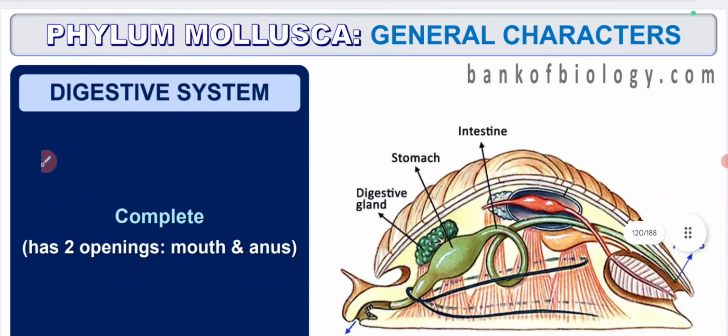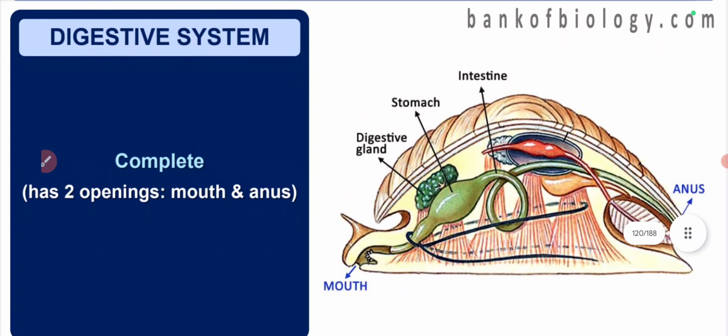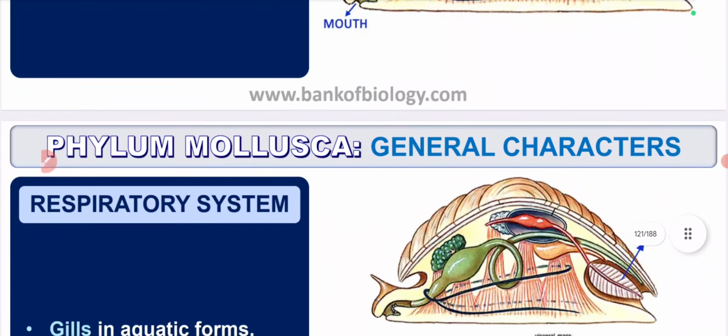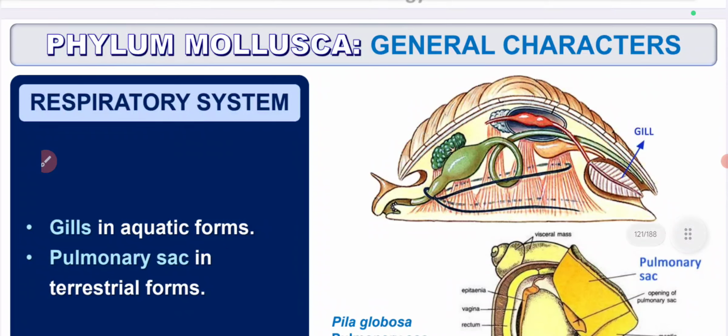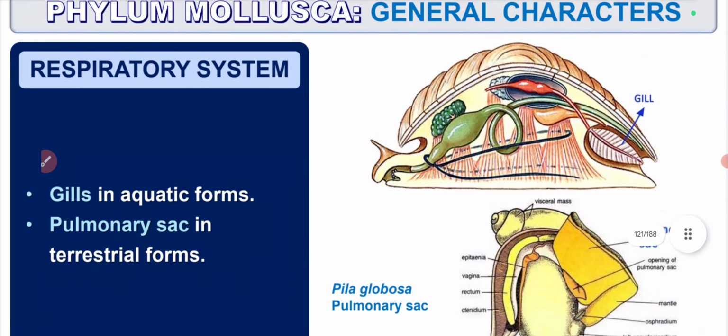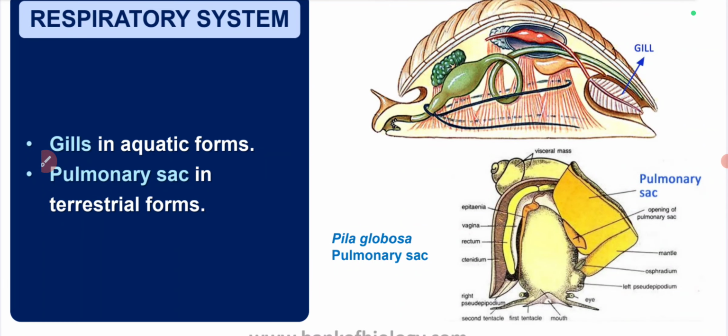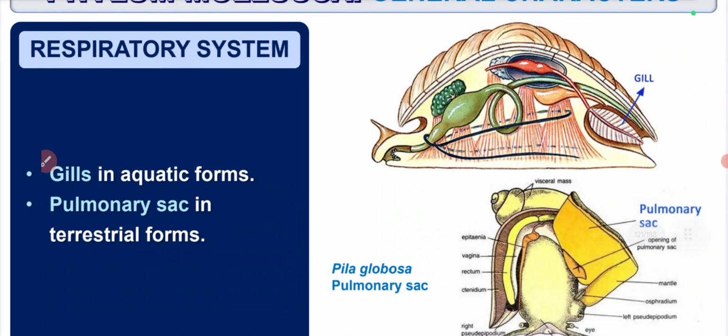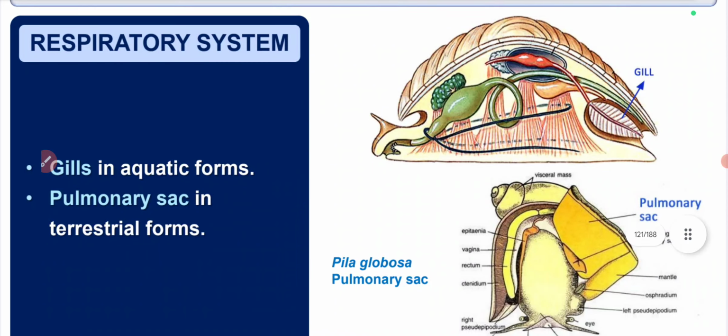Then complete digestive system means they have 2 openings, mouth and anus are separate, as you can see in the diagram. Respiration by gills in aquatic forms, pulmonary sac in terrestrial forms.